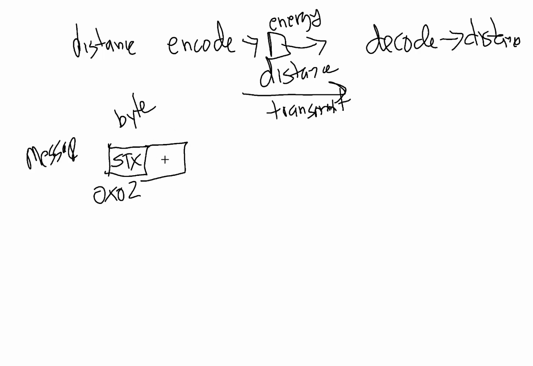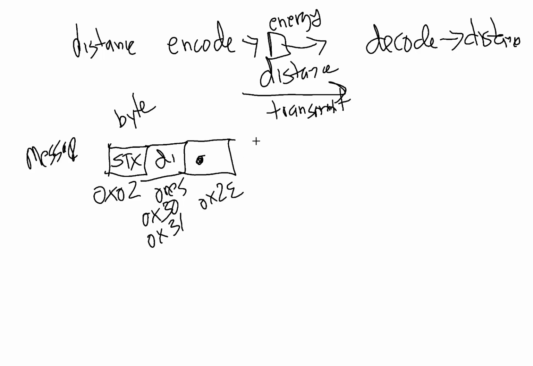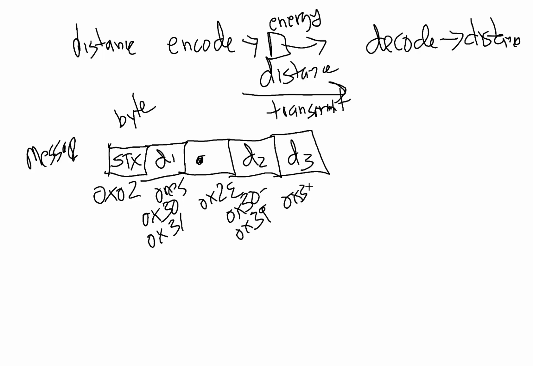Then we're going to send the first digit, the ones digit, which is going to be a 0x30, probably only going to 31. Then we send the decimal point, which is a 0x2E. Then we send the tenths digit, encoded in ASCII as a 30 through 39. And we send the hundredths digit, another 30 through 39.